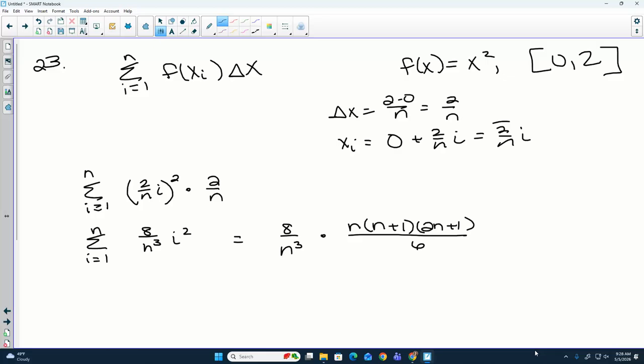All right, then we want to simplify this because ultimately we're going to do the limit as n is approaching infinity. So we need to multiply it out, look for some quick tricks. We can reduce that to 4/3. We can cancel an n. Or if I FOIL that out, 2n squared plus 3n plus 1 over 6n.